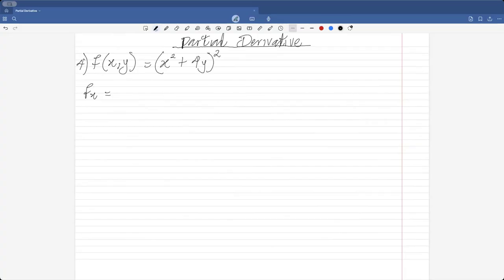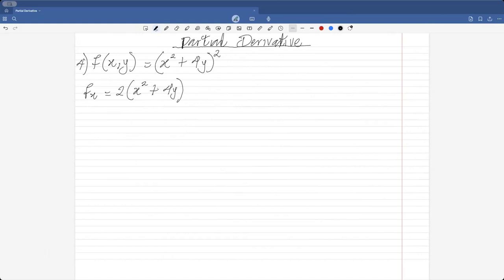The derivative of the inside function and the outside function is what we are to determine. Let's start with the outside function. The outside function is the whole function that we can see, so its derivative is 2 open parenthesis x squared plus 4y close parenthesis, and that's it.